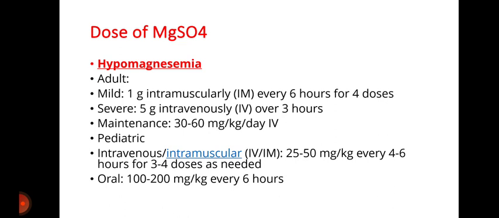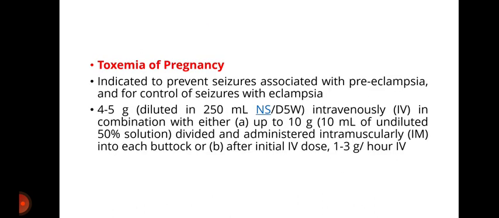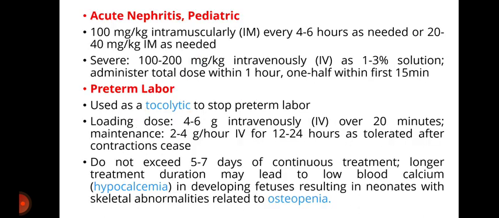The dose of magnesium sulfate in case of hypomagnesemia is 1 gram IM route every 6 hours for 4 doses. And in case of toxemia of pregnancy, the dose is 4 to 5 gram. Then it is also used in acute nephritis and preterm labor.